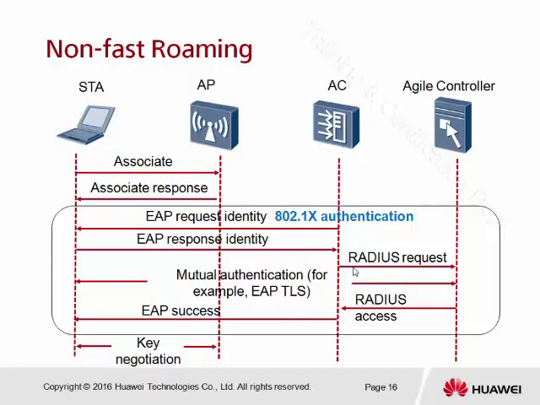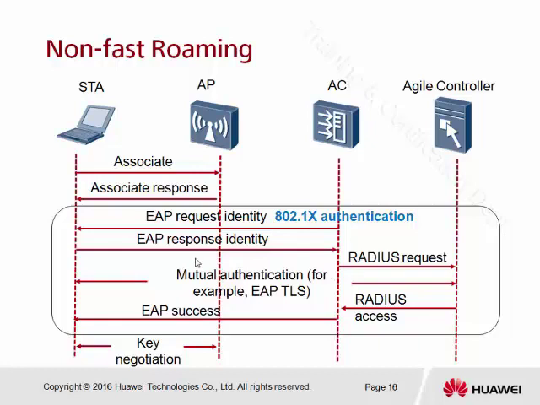Now, when the AC and the STA can support fast roaming, the first time the AC associates with the PC, they have to go through this process. After they go through this entire process to exchange the EAP process, the RADIUS request, and authorize everything inside the authentication here, they're going to create one table.